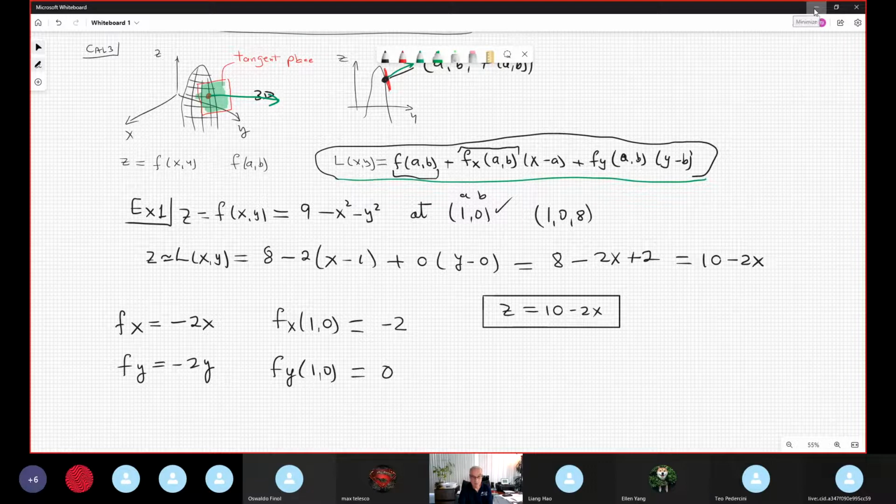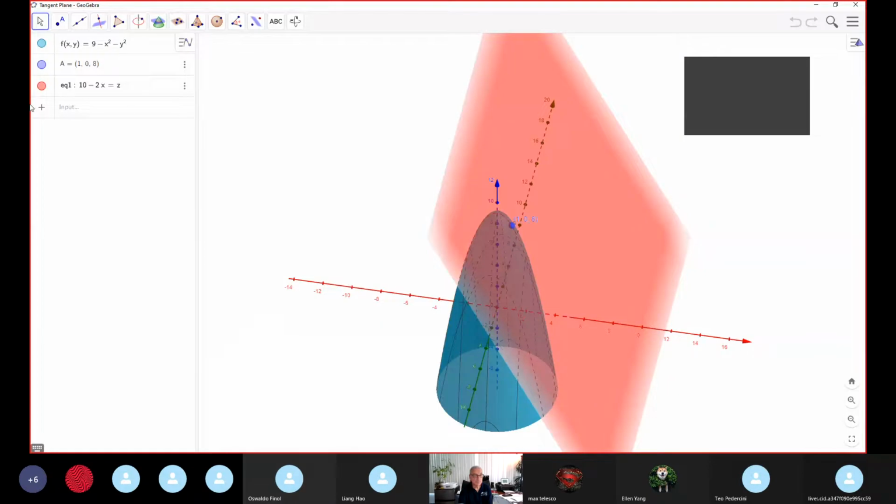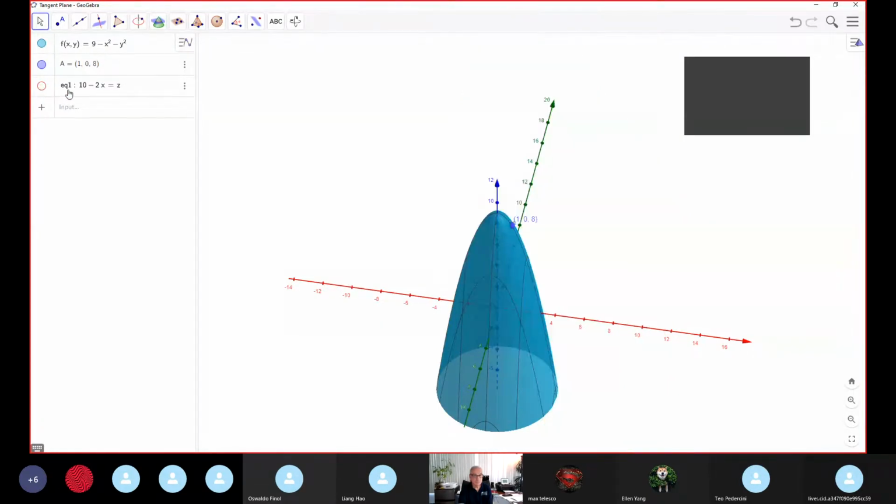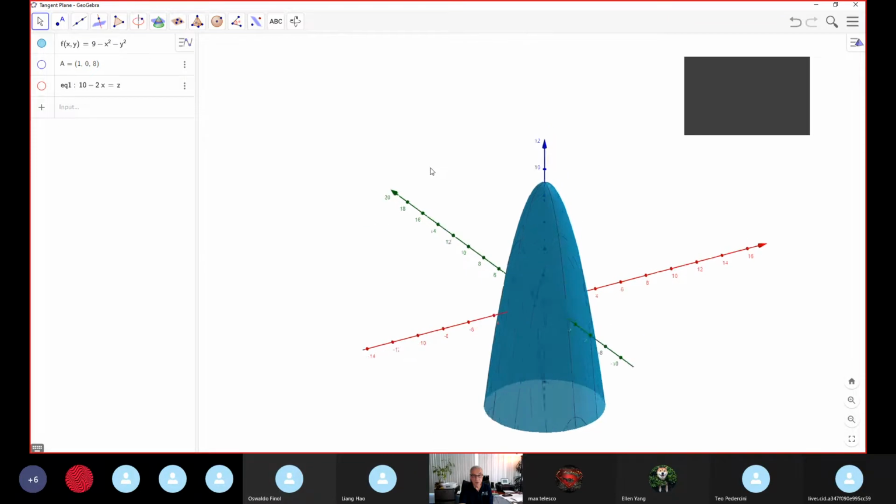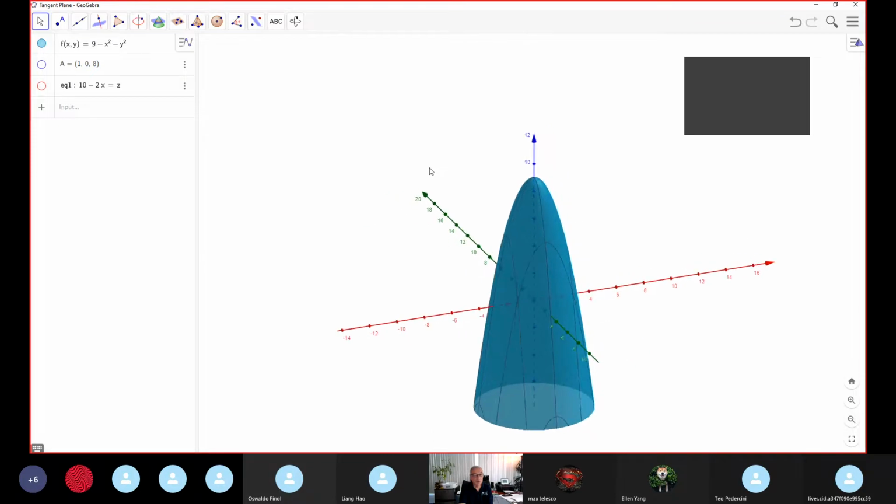I want to share the screen of the GeoGebra. Do you see? Yes. Okay. Look. It's obvious that the surface we are working with is a paraboloid, right?